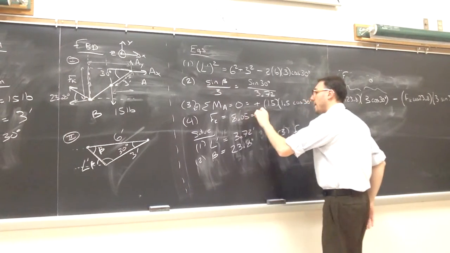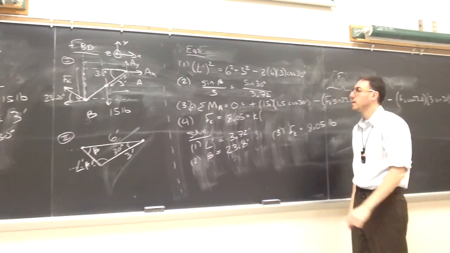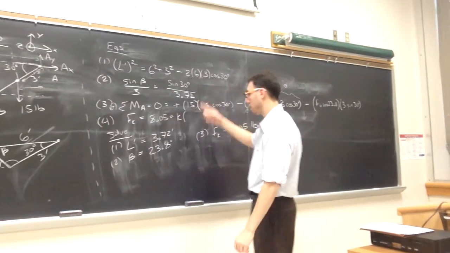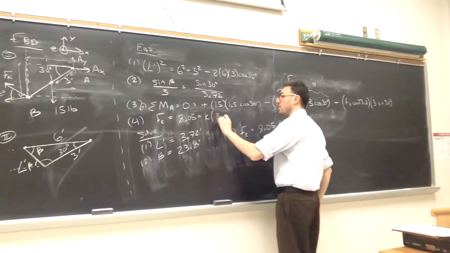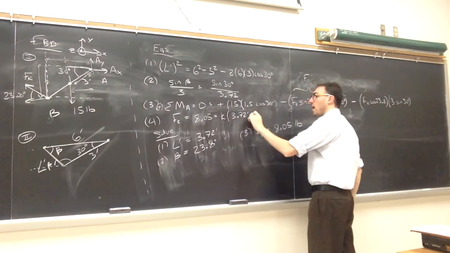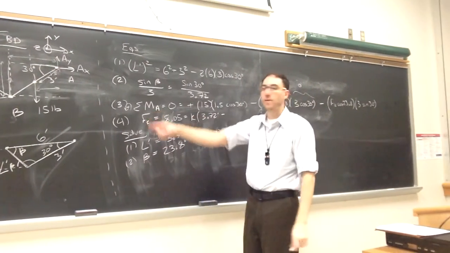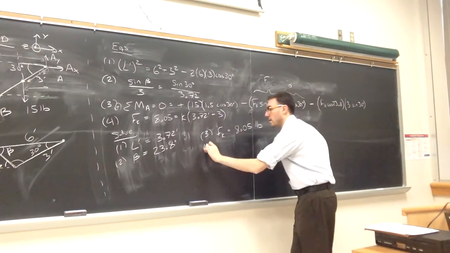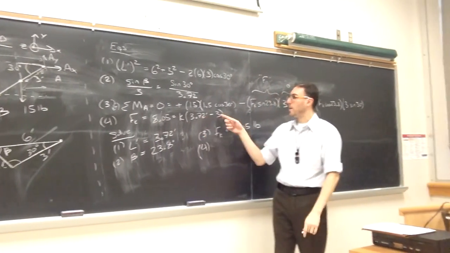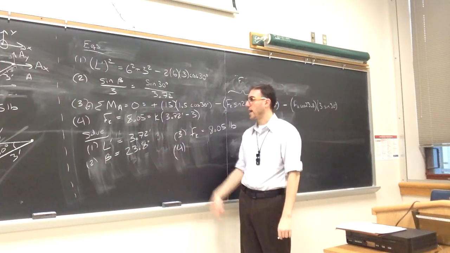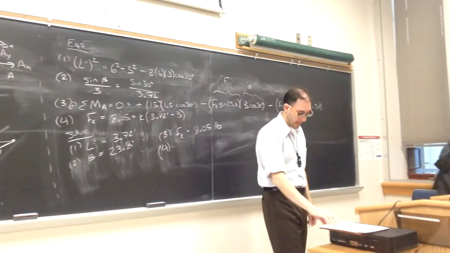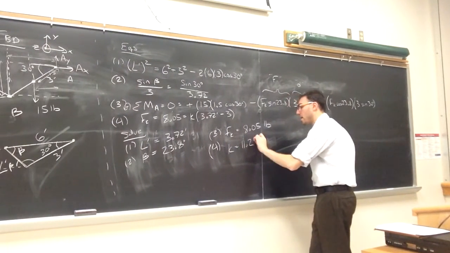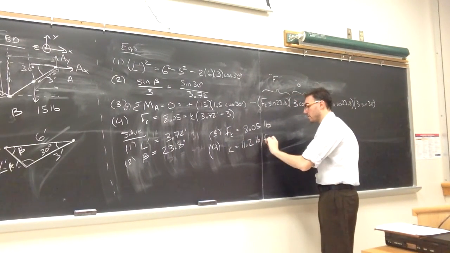And that's the unknown value of K times its current length, we determined L prime up here, 3.72. Originally, though, it was only 3 feet long, so it is in tension. So since we know everything in equation 4 except for k, we can find that value of k. So k, from equation 4, is 11.2 pounds per foot.